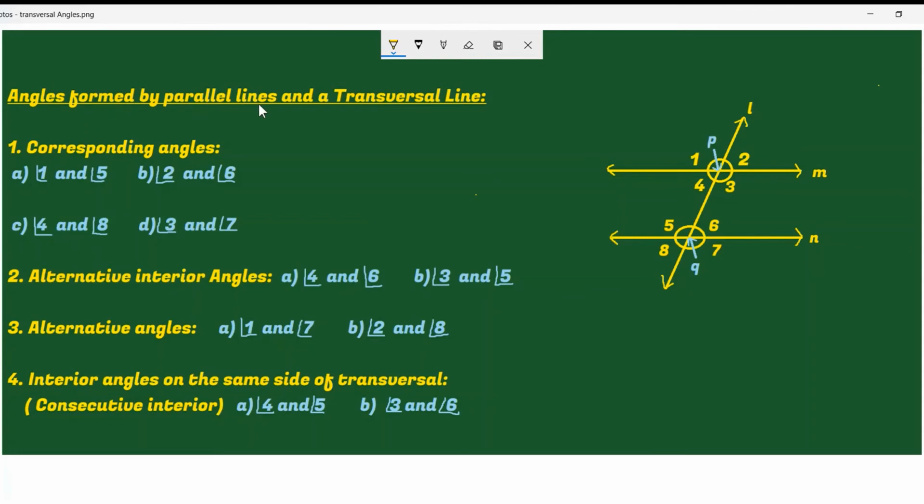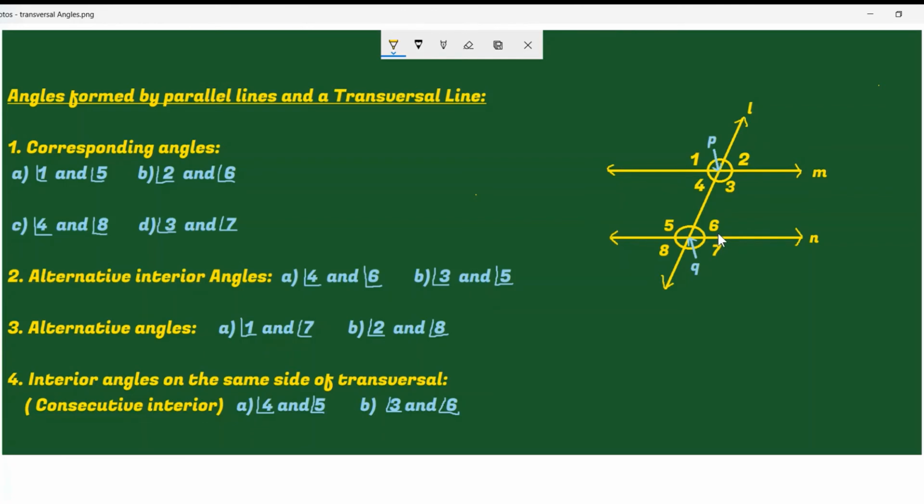Angles formed by parallel lines and a transversal line. Here M and N are two lines and another line L intersects both the lines M and N. If a line intersects two or more lines, then the intersecting line is called a transversal of M and N. So here L is the transversal of M and N. This transversal line intersects M at P and N at Q. So at P this line makes 4 angles, and at Q also it makes 4 angles.